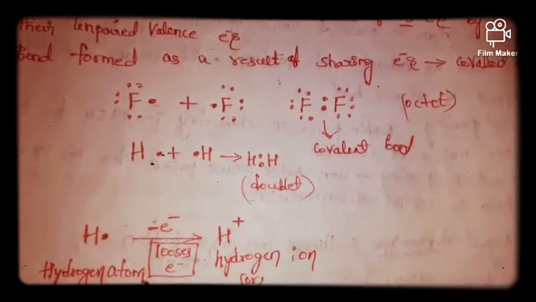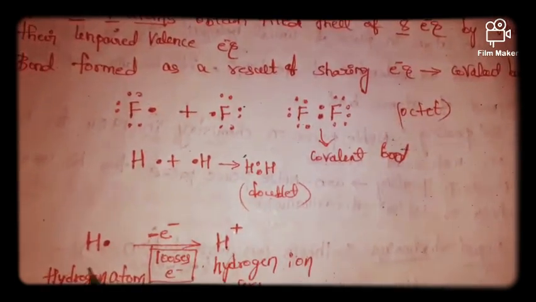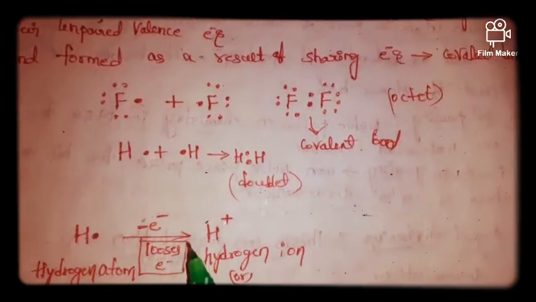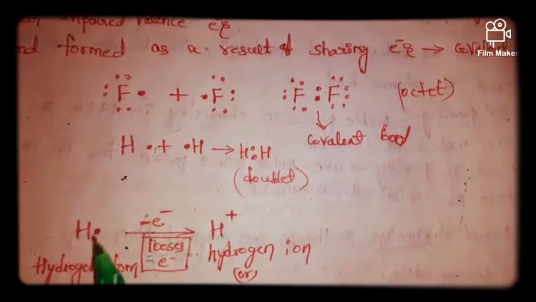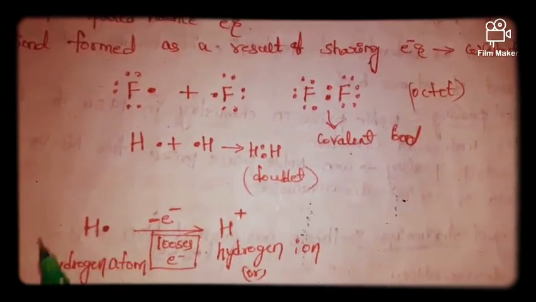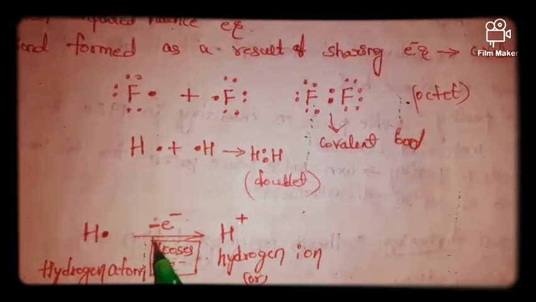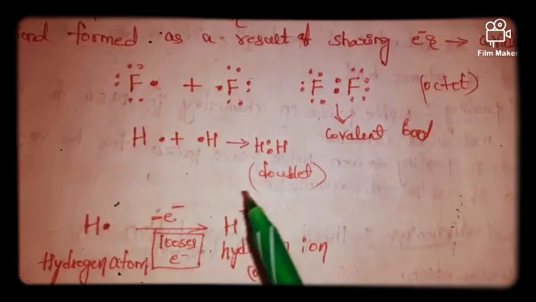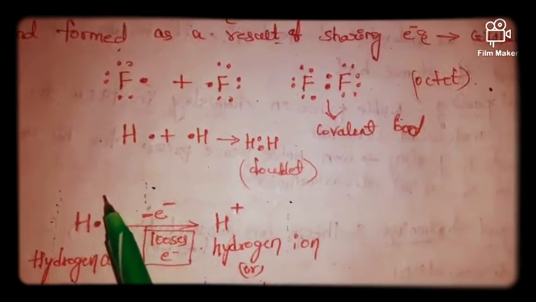Next, here I have taken this hydrogen, which we may call a radical. If we remove the electron from this particular hydrogen atom, it will definitely get a positive charge.